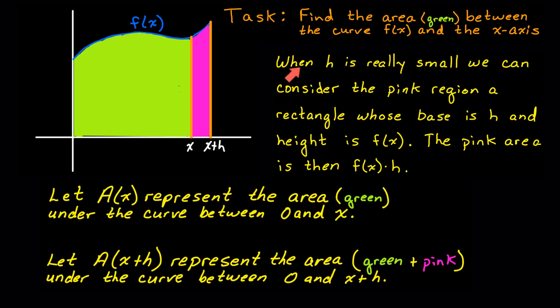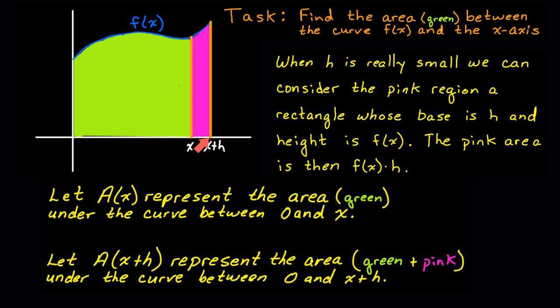So when h is a really small number, we can consider the pink region a rectangle whose base is h and whose height is f of x. As you see it right now, this height is very much different than this height. And so the further apart these two values get, the more different they may become.